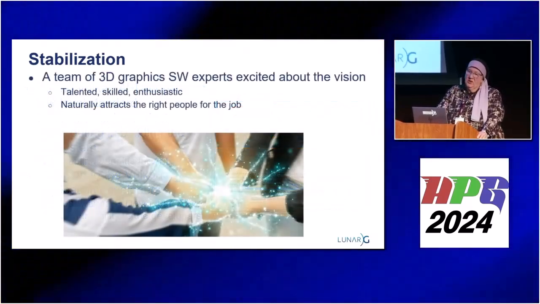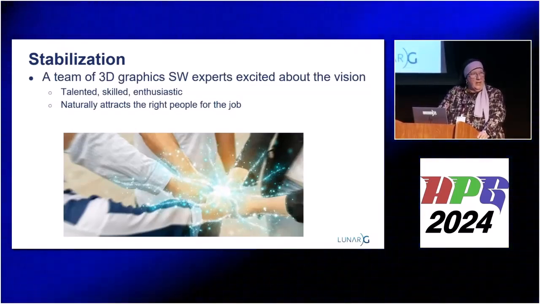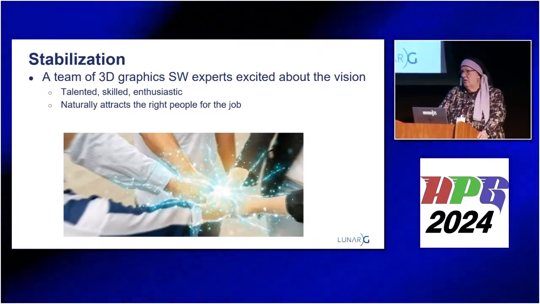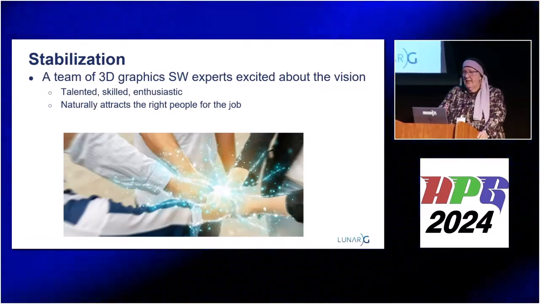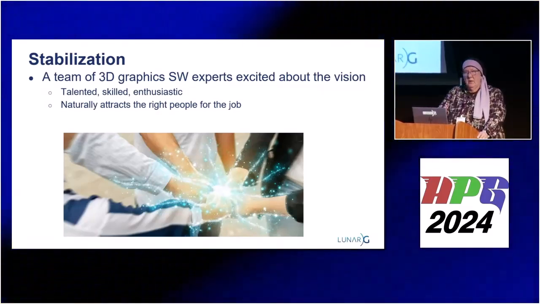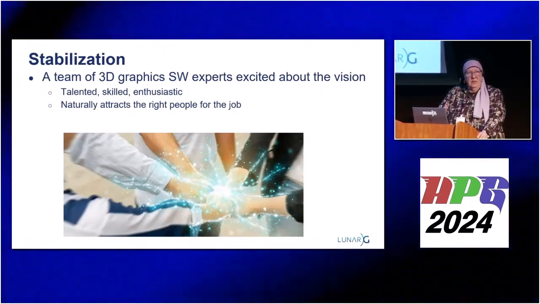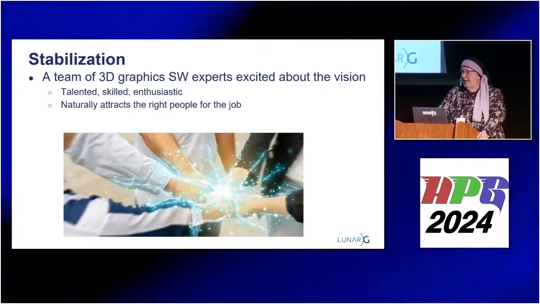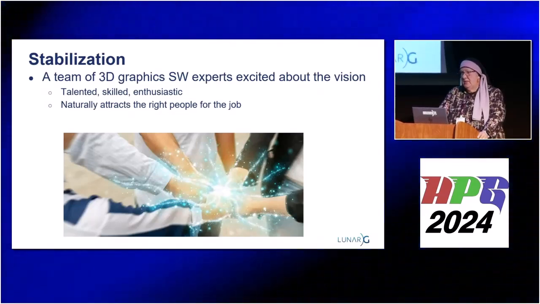The other thing that has changed is that in the early days, it was hard for me to find the right software engineering expertise that could come on board quickly and really deliver value inside LunarG. That's not the case anymore. What happens when I have openings is that there's a lot of interest from people out there in the ecosystem who want to be part of this mission of building these developer tools.